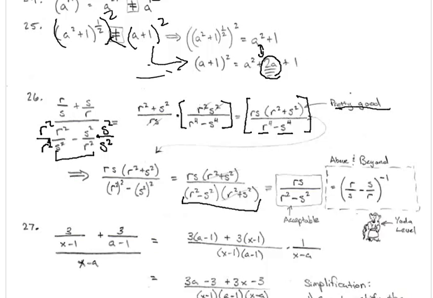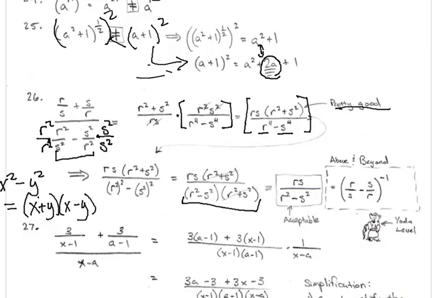It's the same thing as, let me write it right over here: if I have x squared minus y squared, it's equal to x plus y times x minus y, right?